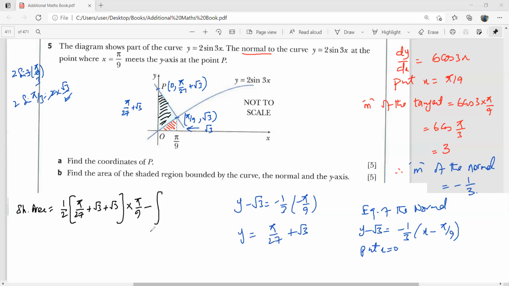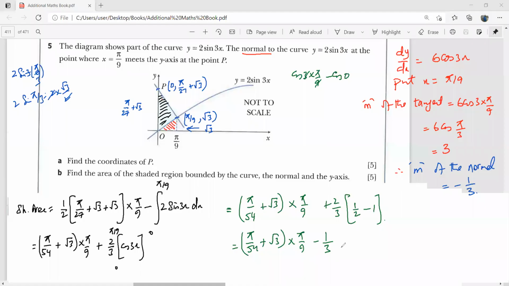Minus limit from 0 to pi by 9, and this is 2 sine 3x dx. Okay, so let's complete this. This is how you get to this. At this point, you can use your calculator and tell me what this answer is, correct to 3 significant figures. You should always write your answer correct to 3 significant figures. Okay, now at this point, your integration finishes.